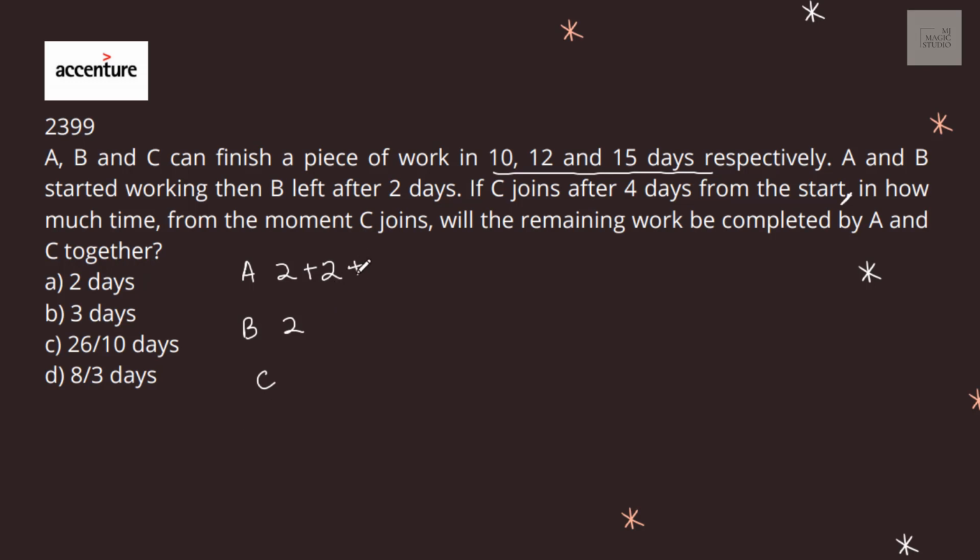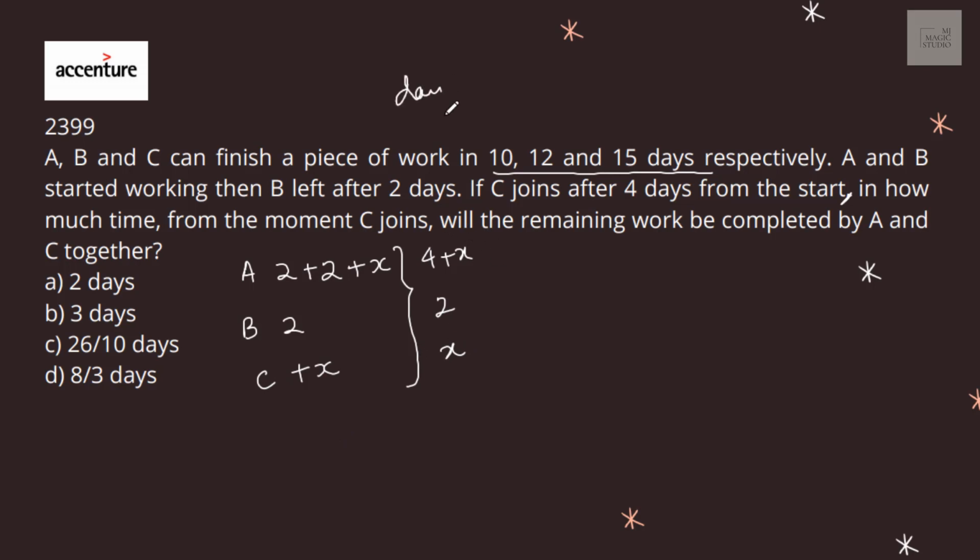Fine. So let A also work for X more days and then C also works for X more days. So this is the day's work. A works for 4 plus X days, B works for 2 days and C works for only X days.